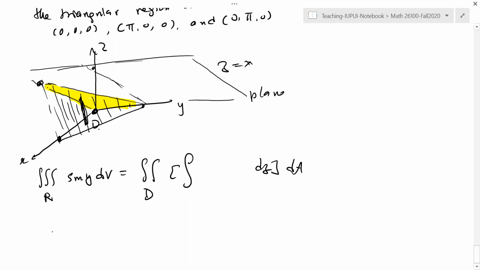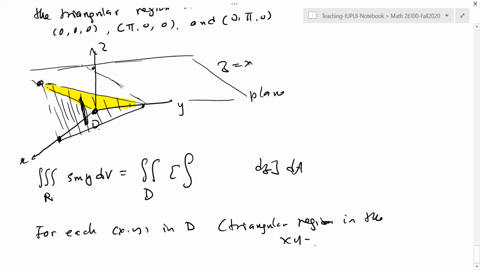Let D be the triangular region. For each point in D, this is a triangular region in the xy plane.